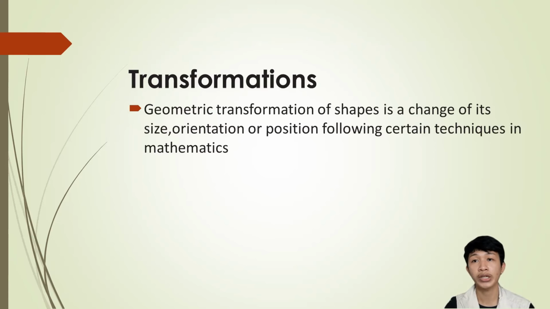Transformation in geometry is a change of size, orientation, or position following certain techniques in mathematics. So, without breaking the rules of mathematics, the object will change its size, orientation, and position.